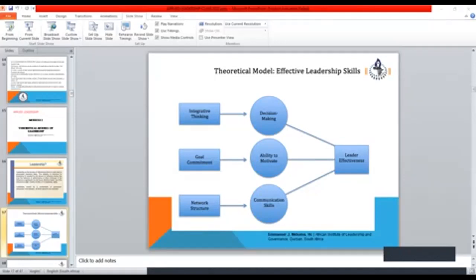Network structure is, for example, you as a leader, and I want to give this even as a bonus to some of you. You as a leader, you have your goals. You have what you want to achieve, or you have a product that you want to produce. But what are your network structures around that? Of course, we will look at how you develop network structures at some other point.